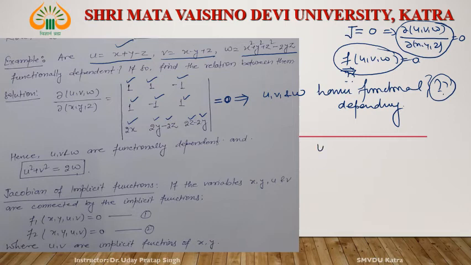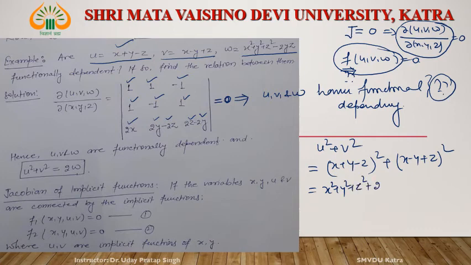See, u² + v², what is u² + v²? (x + y − z)² + (x − y + z)², and this is equal to x² + y² + z² + 2xy − 2yz − 2zx, plus x² + y² + z² − 2xy − 2yz + 2zx.